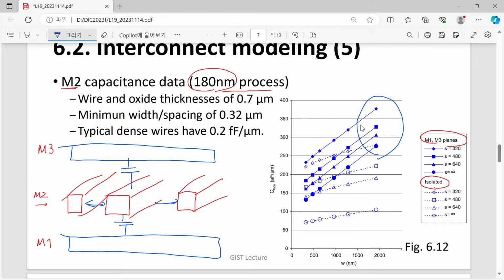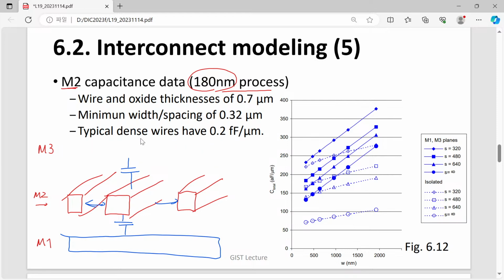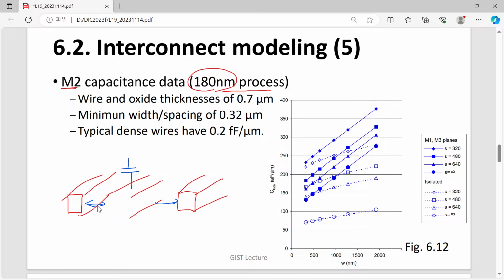So you can see that depending on the pattern, our capacitance can be highly affected. If you have top and bottom layers filled with metal lines, then it can significantly increase your capacitance.